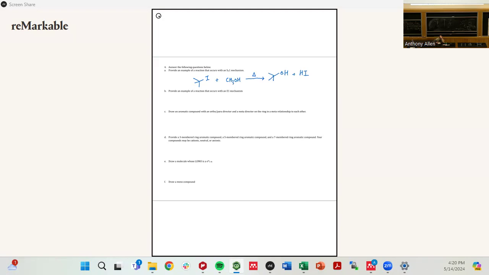Example that occurs with E1, well, I guess we could use the same substrate. Plus CH3OH. And then you'd go to that alkene plus CH3OH2 plus I minus.